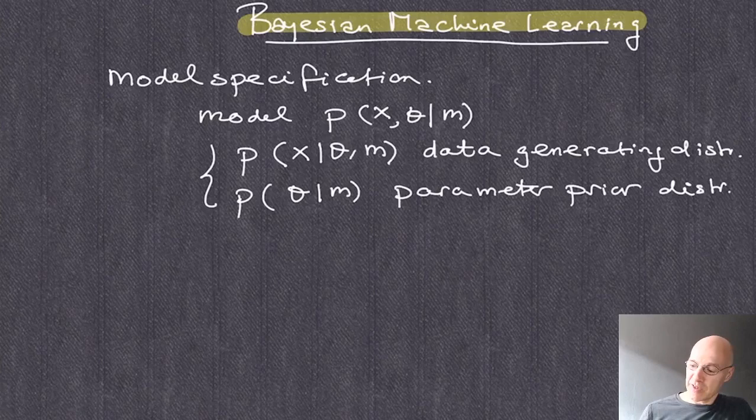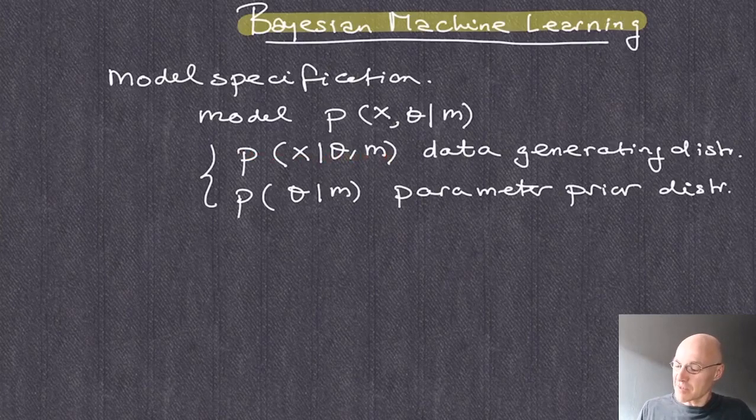So if you have specified your data generating distribution, which is a distribution that says, I have a model, that model has given parameters. If I know the parameters and I know this model, I can actually predict the values for X. At least I can make the probabilities that it will land on heads or tails.